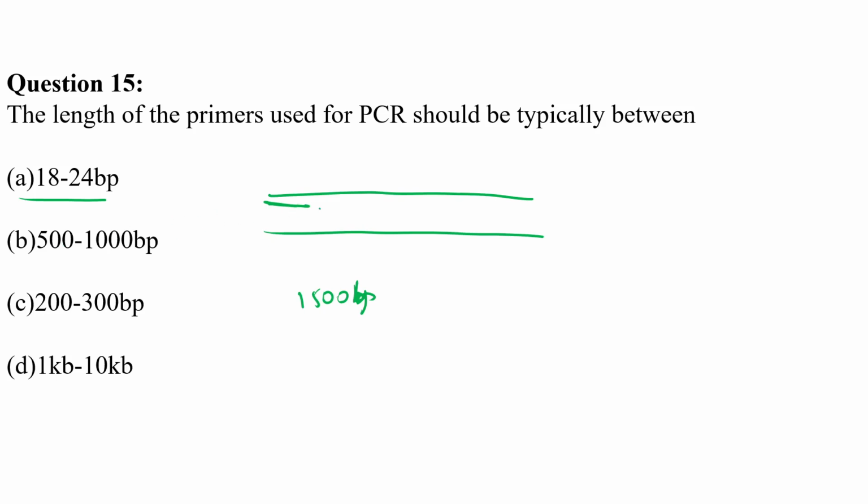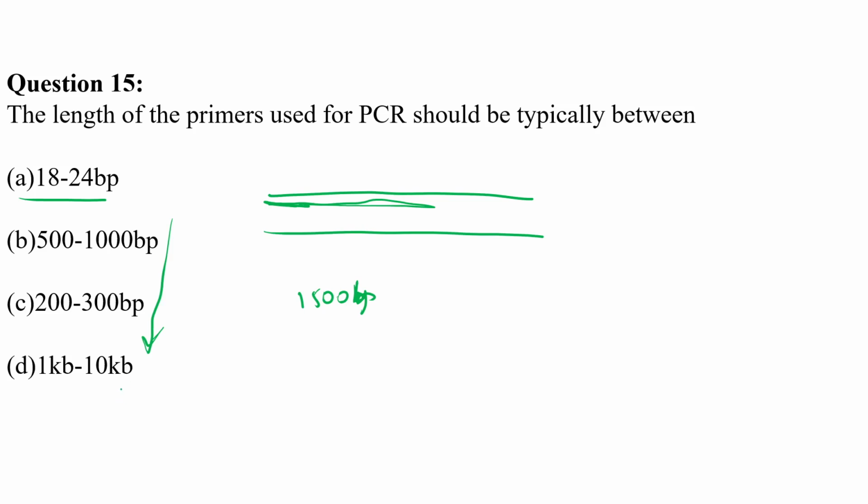If we use a longer primer, let's say 500 to 1000, that means the primer is almost going to bind to the complete gene that we are trying to amplify. This binding will take a lot of time, so we cannot use any of these size ranges of primers. The second reason for not using longer primers is the cost, because we get primers synthetically made.